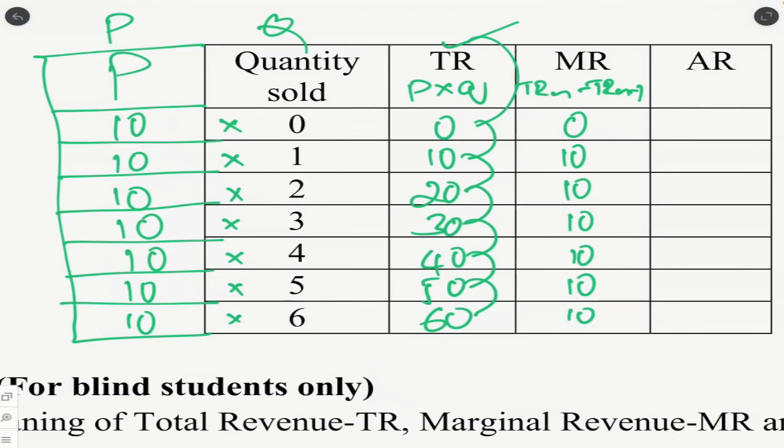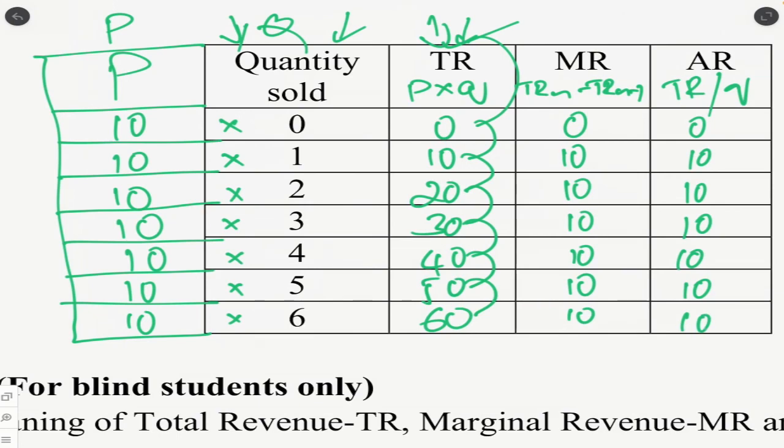Very simple. Now let us move to the last column, and the last column is AR. And what's the formula for this? Formula is TR divided by Q. So we have TR here, we have Q here. We just have to divide this TR by this Q. So first one, 0 by 0 is 0, 10 by 1 is 10, 20 by 2 is 10, 30 by 3 is 10, 40 by 4 is 10, 50 by 5 is 10, and 60 by 6 is again 10.